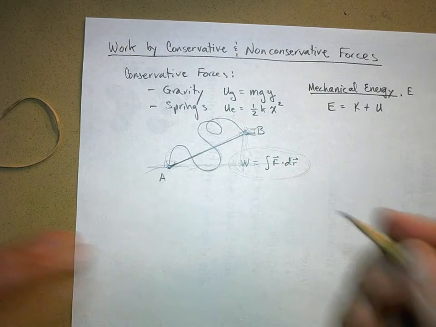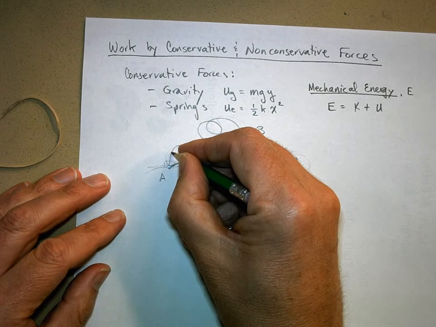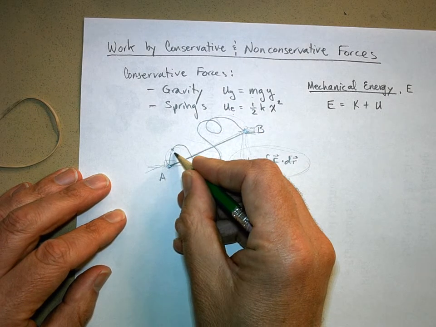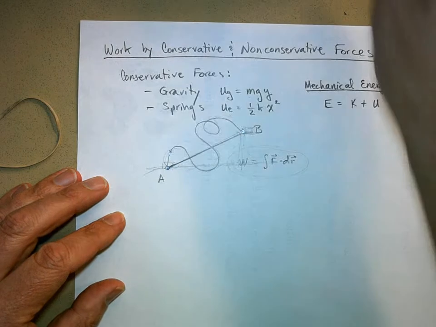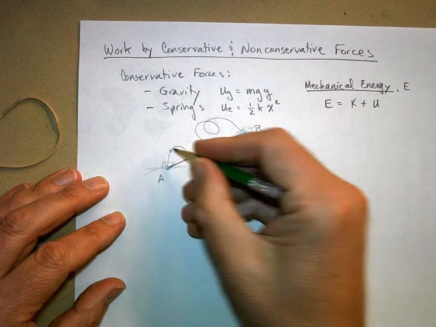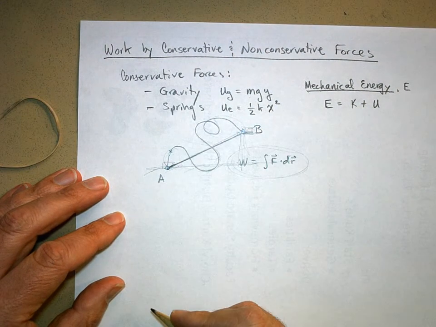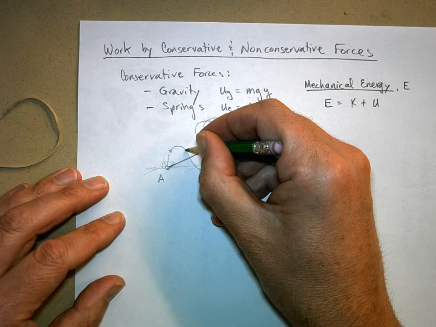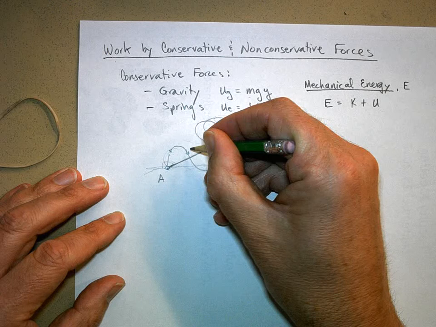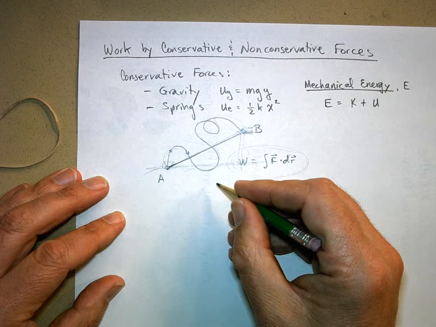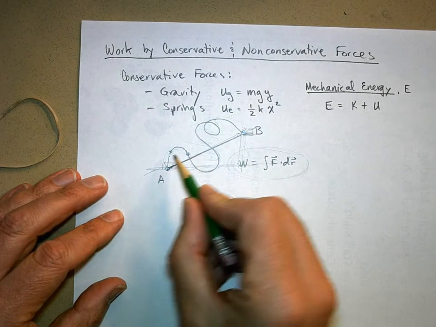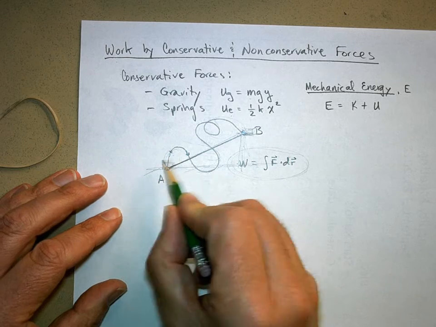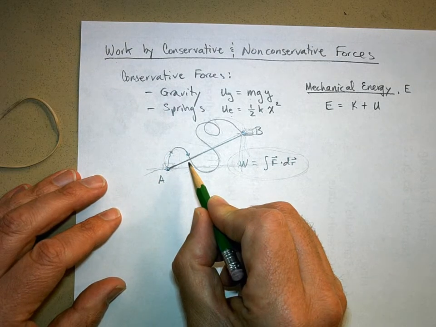I mean, let's think about gravity for a second. When I go from here to here, if this is my little dr right here, then gravity did negative work, right? Because the force of gravity is down, but this is up. And when I go down here, from here to here, it did positive work. And so the negative work here and the positive work here tend to cancel each other out.